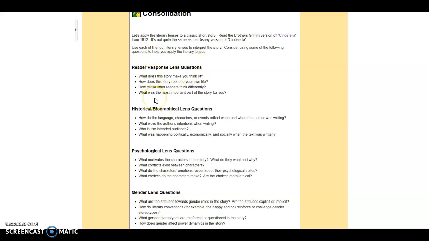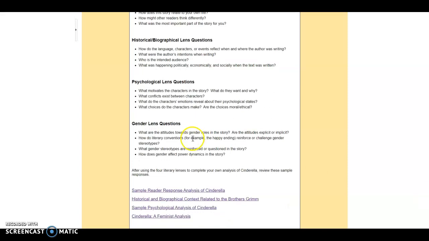So here are the reader response questions, the historical biographical questions, the psychological questions, and the gender questions. So hopefully this is just encouraging you and kind of forcing you to apply each of the lenses to one story to see how each one analyzes a story differently and comes up with a different interpretation of the story.